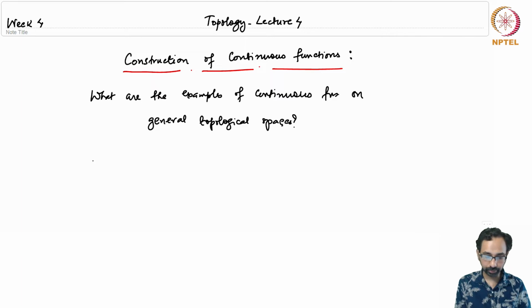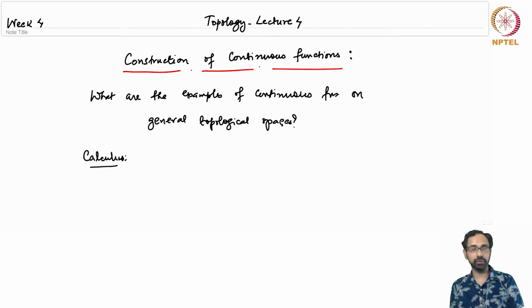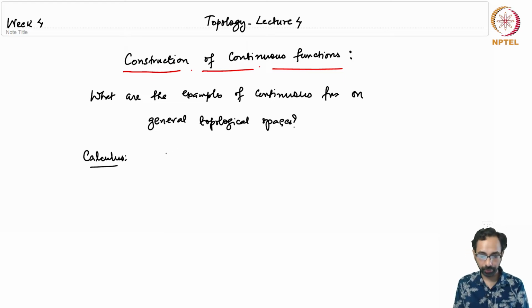Of course, from calculus we know a wide variety of continuous functions. So for functions f from R to R, real valued functions on the real line, there are many examples of continuous functions.